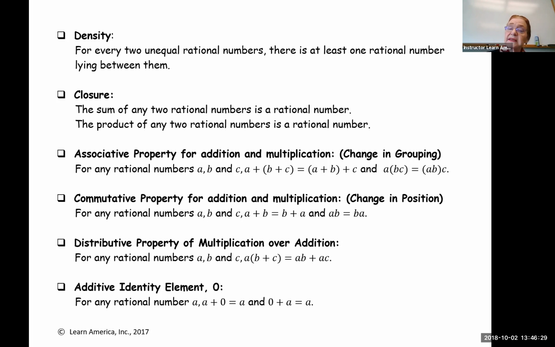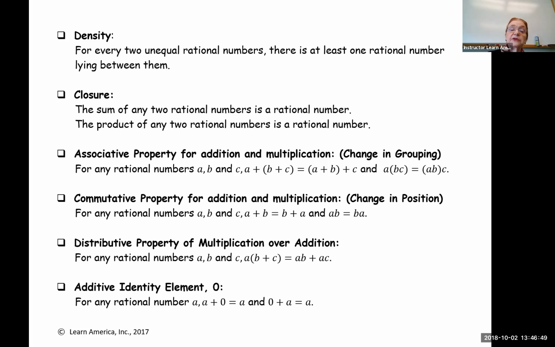Now, the associative property exists for both addition and multiplication. If you think of association, when you associate in a group, you group together with people. So the associative property is really a grouping property. And what it tells us is that we can change the grouping without changing the meaning of the expression.